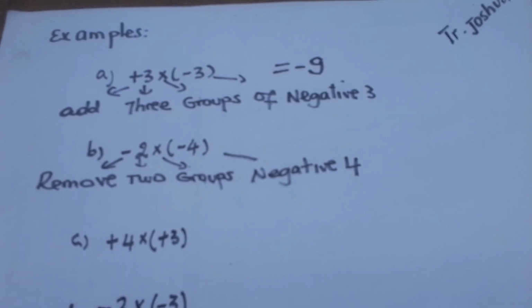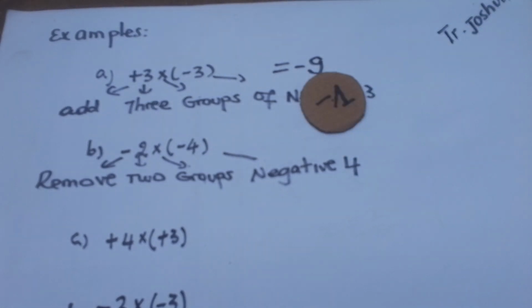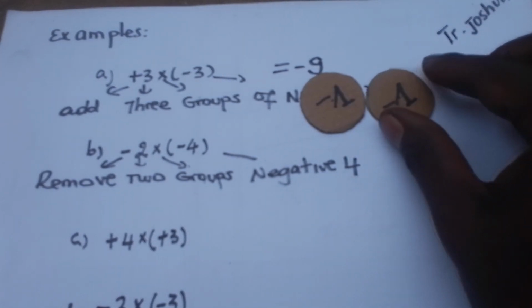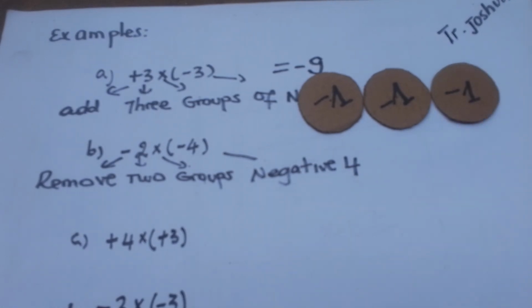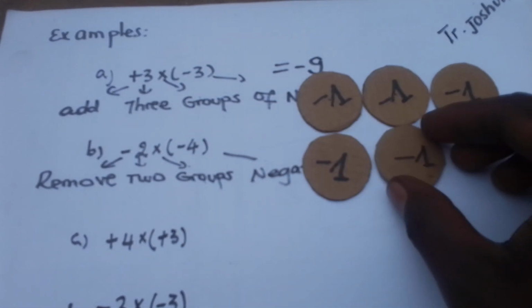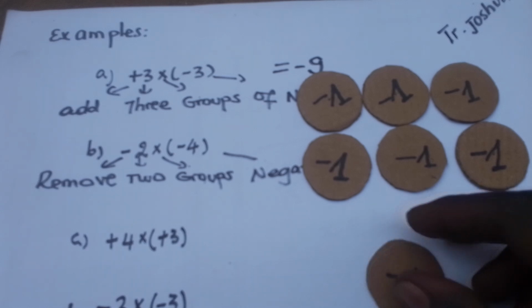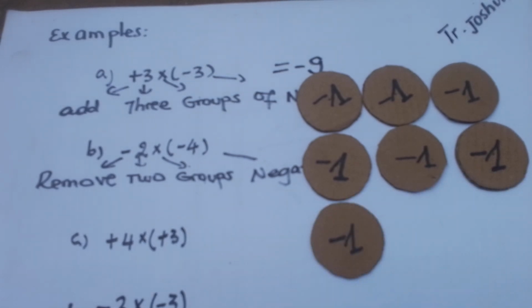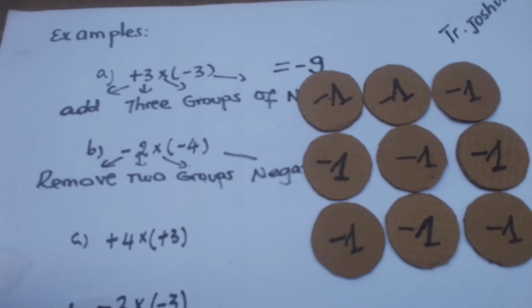First, I'm going to add 3 groups of negative 3. This is one group of negative 3. 2 groups of negative 3, and we get 3 groups of negative 3.